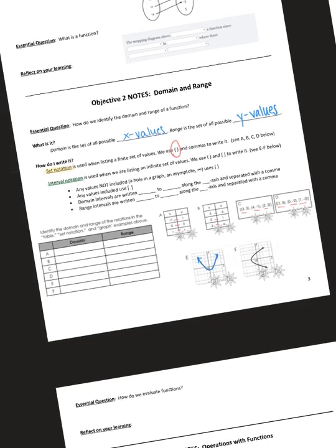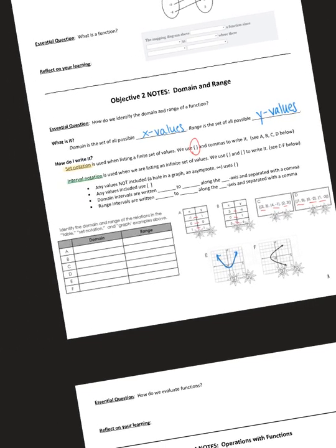So that's the difference between set notation and interval notation and when you would use them in different situations. Okay, so we'll go back up here and talk about interval notation in just a minute, but let's take a look at these examples in this table down here for set notation.